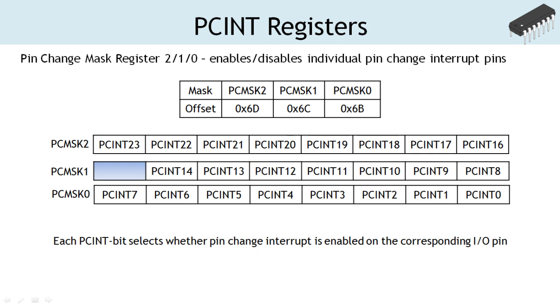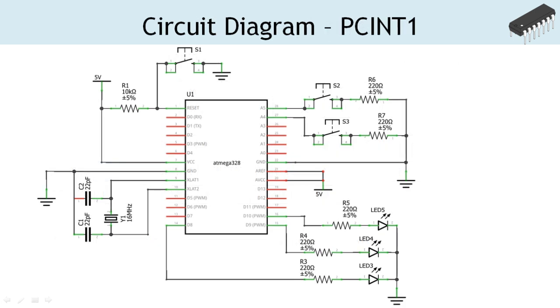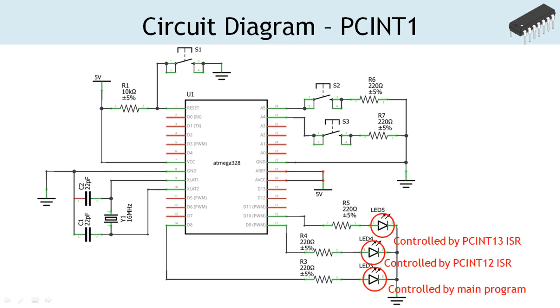Let's implement an interrupt service routine for PCINT12 and PCINT13. These pin change interrupts belong to group 1, and pins 27 and 28 belong to PCINT12 and PCINT13 respectively. The main program controls an LED that blinks every 200 milliseconds.